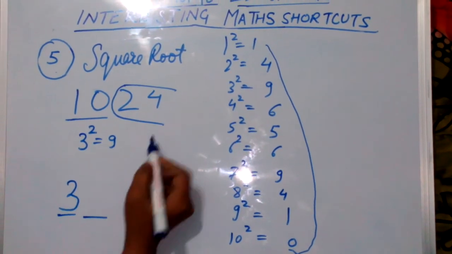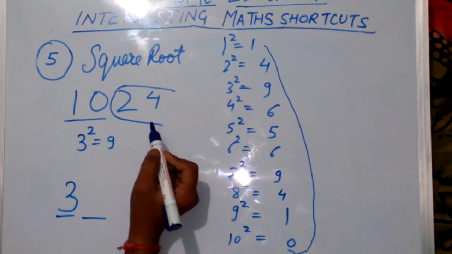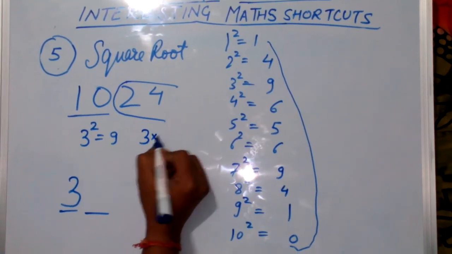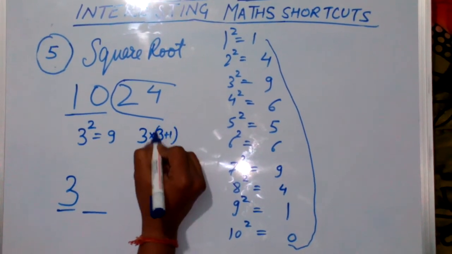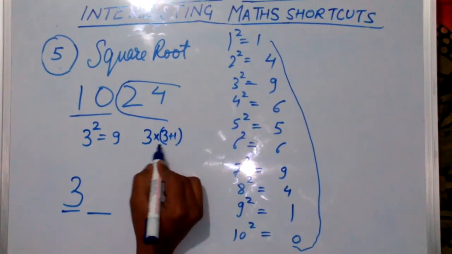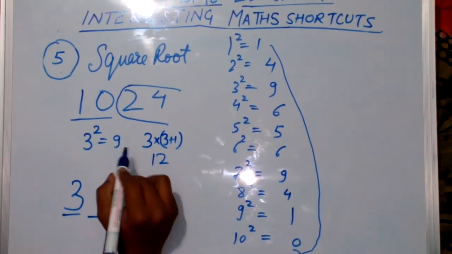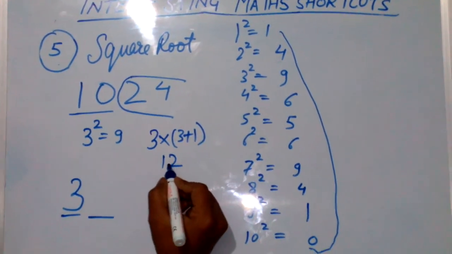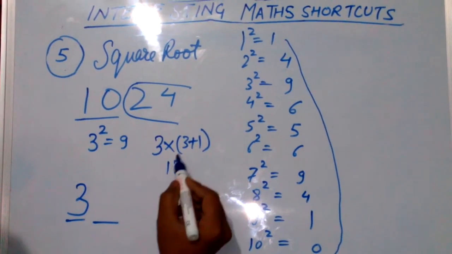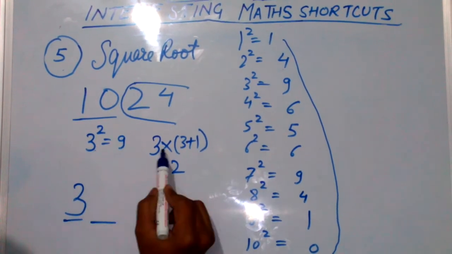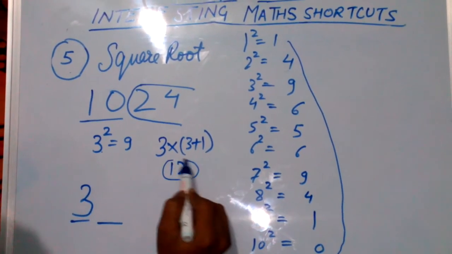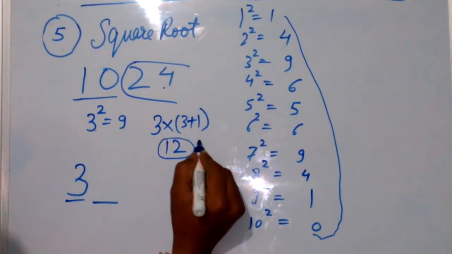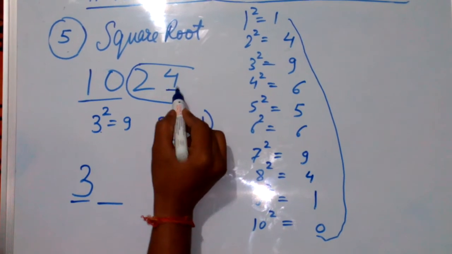Now selecting the second number. For this, we have to compare 3 into 3 plus 1, that is 12, with the number given.